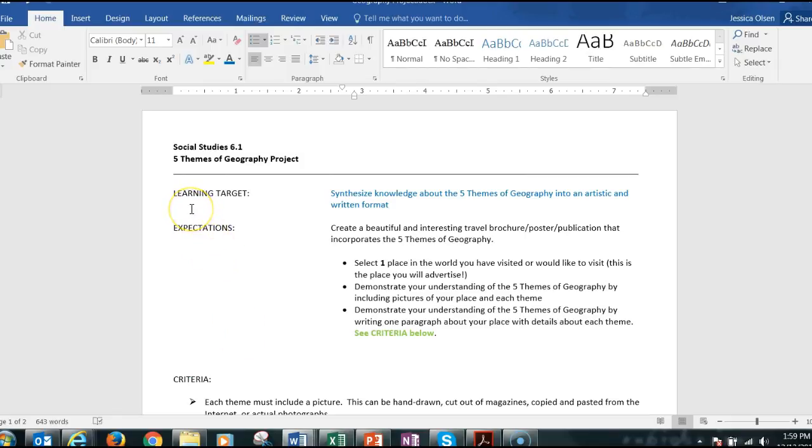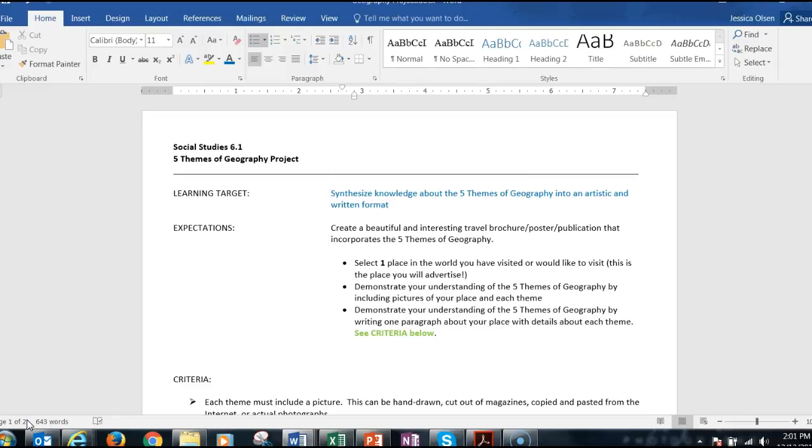Your learning target for this project reads, synthesize knowledge about the five themes of geography into an artistic and written format. Now, the word synthesize means to combine a number of things into a whole. So when you create this project, you are going to be doing writing.